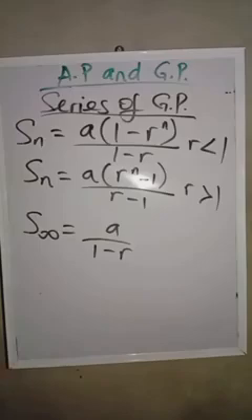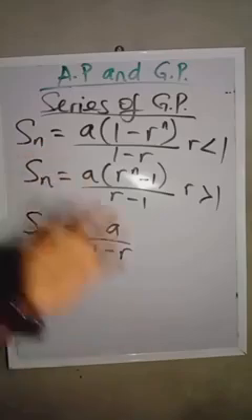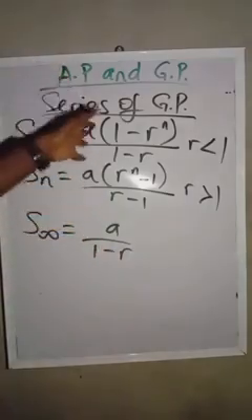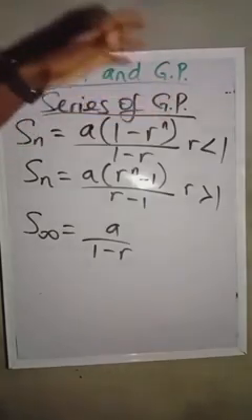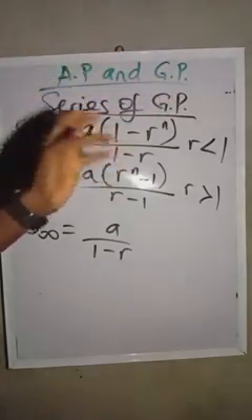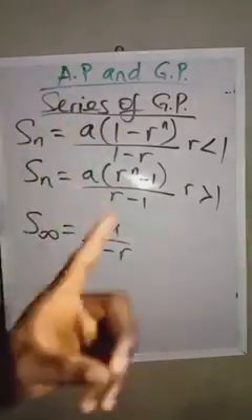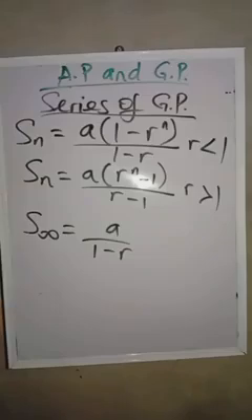Now this is how it works. Before you can sum or add things together in a geometric progression, the first thing is that you need to consider the common ratio among them. How do you get the common ratio?